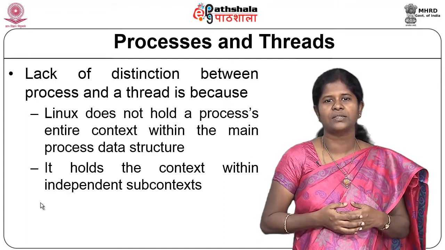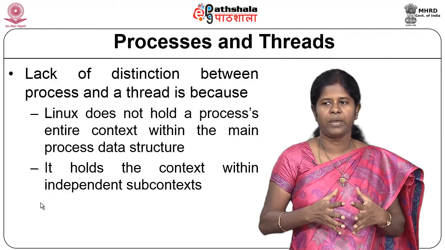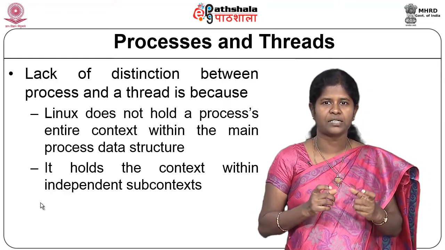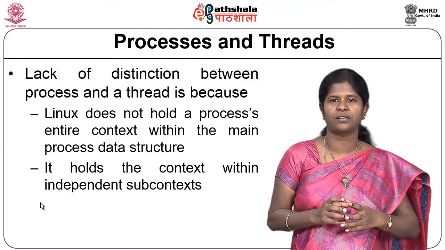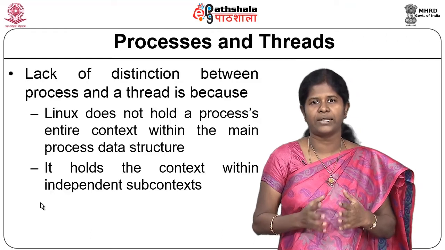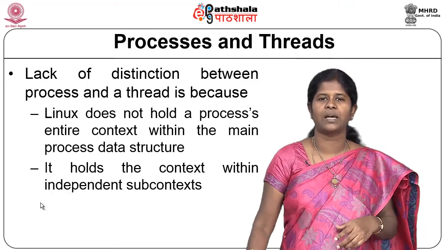This is because Linux does not hold the entire process context within the main process data structure. In the case of Unix, you have a data structure called the process structure, which holds all this information together. But in Linux it is not the case. The context is stored within different subcontexts.